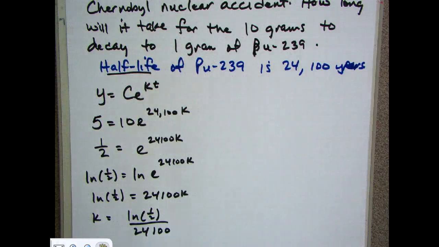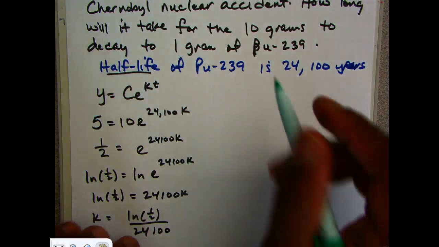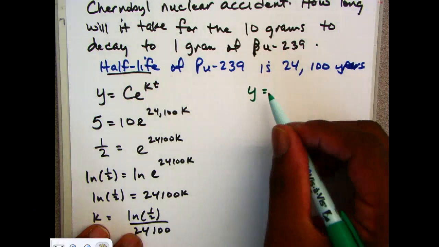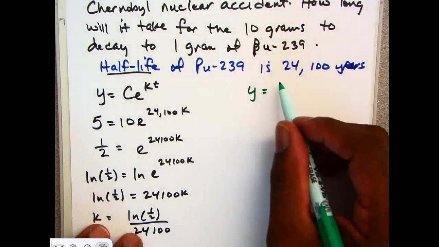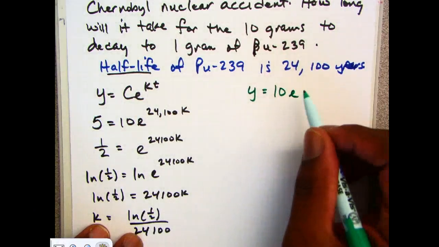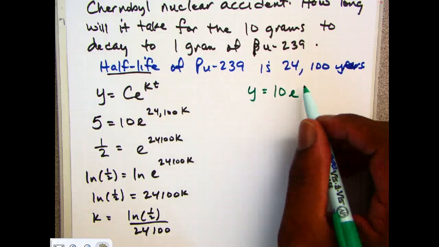Okay. So now we can use that to find the time it takes for our plutonium to go from 10 grams to 1 gram. So here y is equal to 10e to the kt.